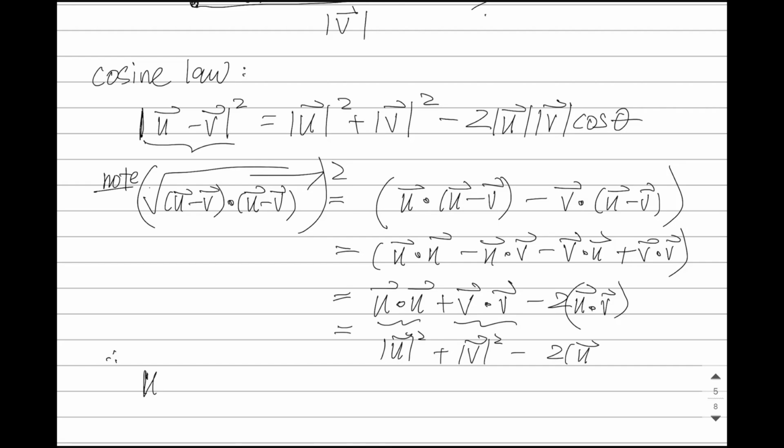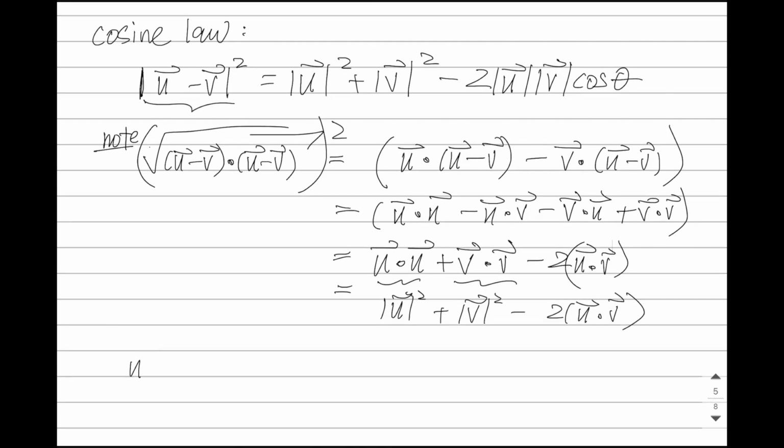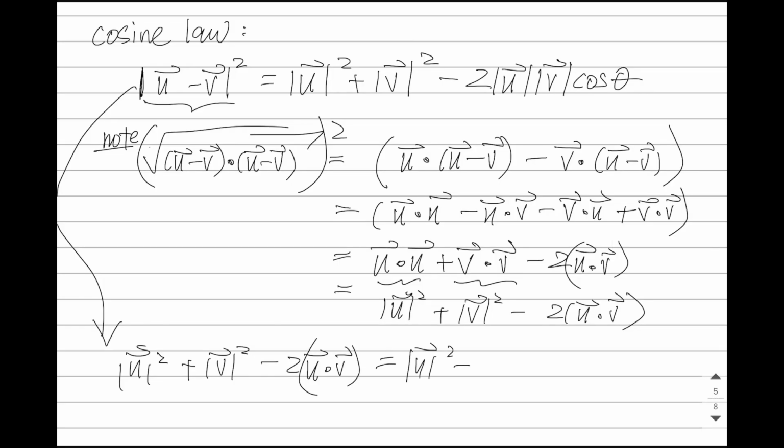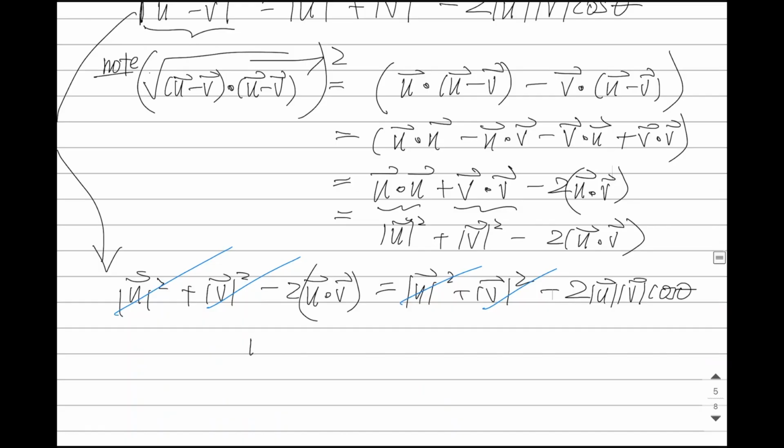Now, if you clean all of that up and then you plug it back into the cosine law, you'll get length of u squared plus length of v squared minus 2 u dot v is equal to length of u squared plus length of v squared minus 2 length of u length of v cos theta. So very nicely, some things cancel out, and what you're going to be left with is this wonderful geometric interpretation of a dot product.